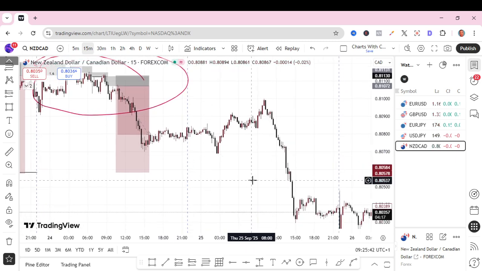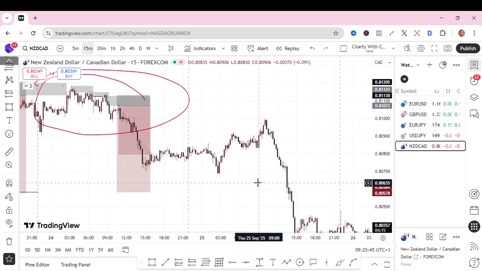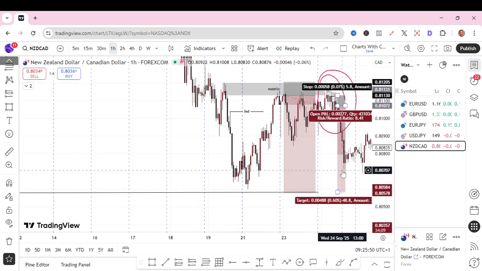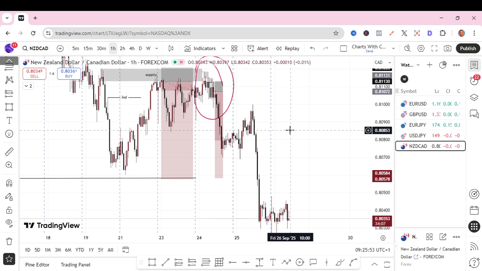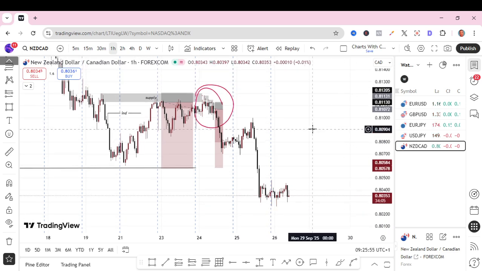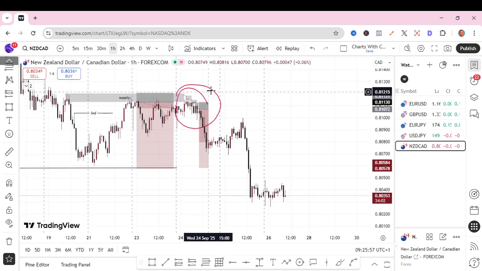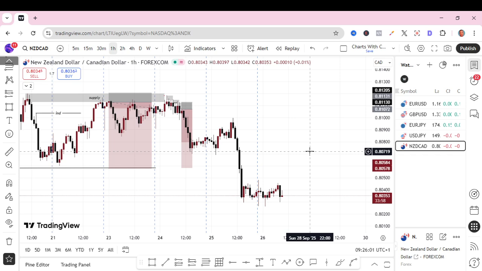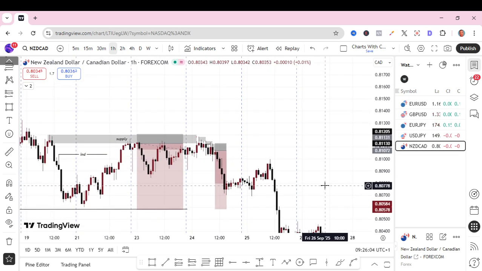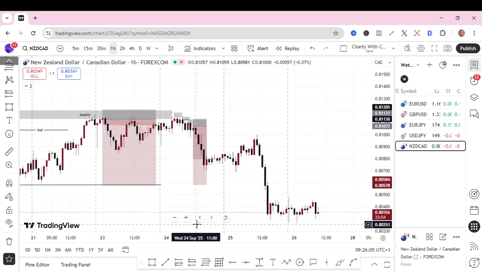Now on Thursday, which was yesterday, this is how I took this particular entry. Now on the 1 hour time frame, let me take this off. So on the 1 hour time frame, still following mitigation, I had this candlestick marked out.